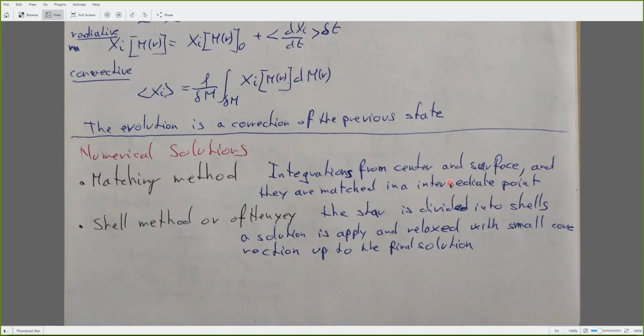To minimize this deviation, you use two solutions, and then at some point you make small variations so that the two values are the same. It can be one part describing the core and another part the surface, or up to where the convection starts, something like that. I don't have an example also because it's just a way to do the calculation.